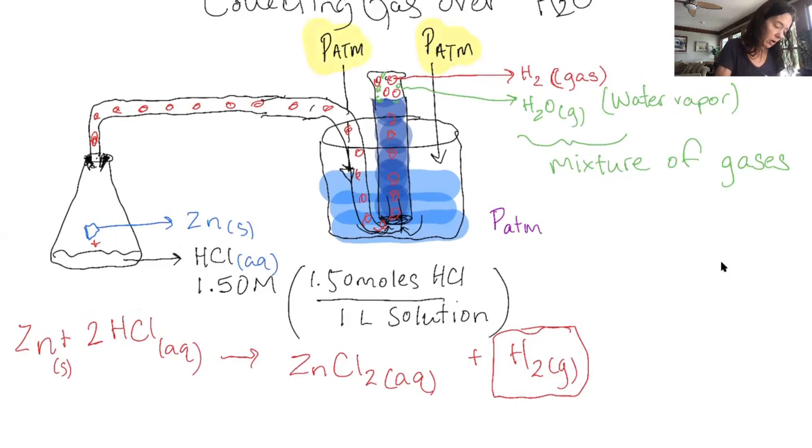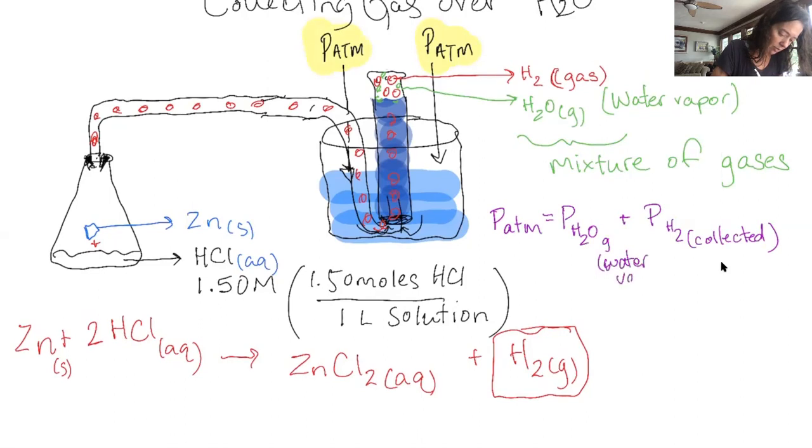And I'll go there in a minute, is going to be equal to the pressure of the water vapor plus the pressure of the gas collected, right? In our circumstance, it's hydrogen. It can be whatever it is. So, like I said, we have a partial pressure problem.